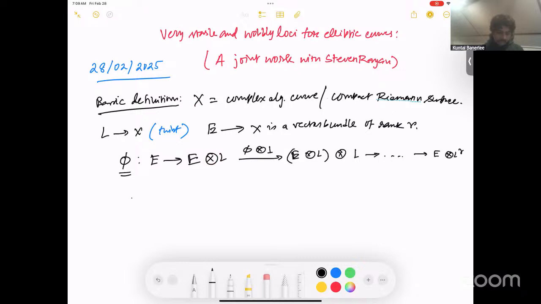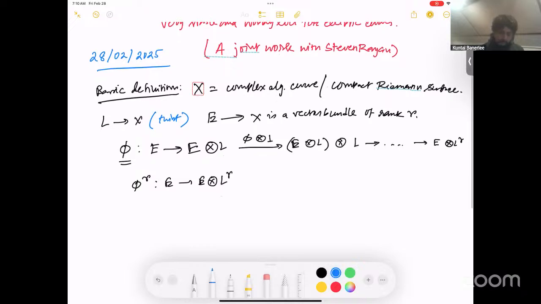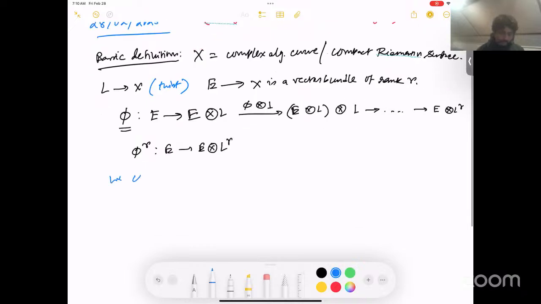This will give you a morphism phi to the R from E to E tensored L tensor power R. So we call phi nilpotent if phi to the R is 0.